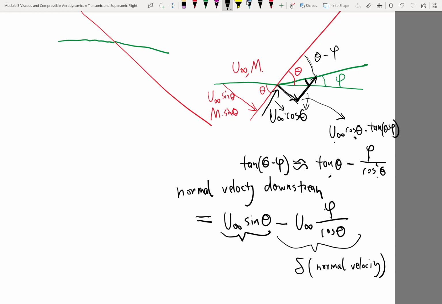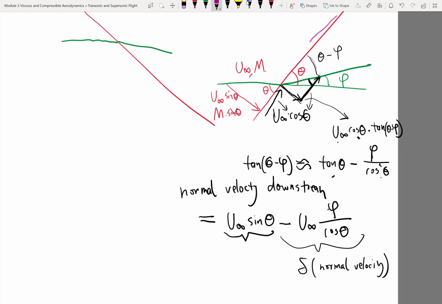It is useful because we can now plug this into the conservation of momentum equation and figure out how much the momentum flux in the normal direction has decreased. If you draw a very thin control volume along the shock, we know how much the velocity decreased. We know the momentum flux is the mass flux times the normal velocity, and the mass flux is the same in and out, by conservation of mass.